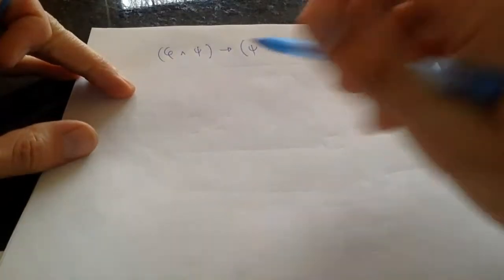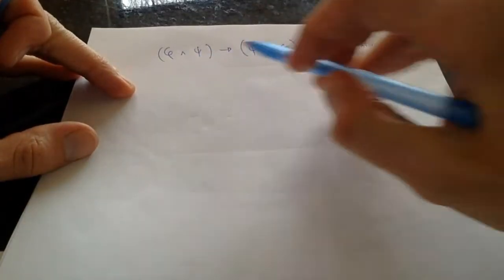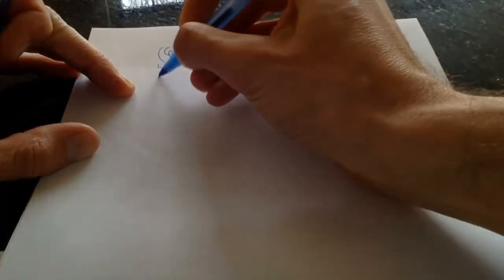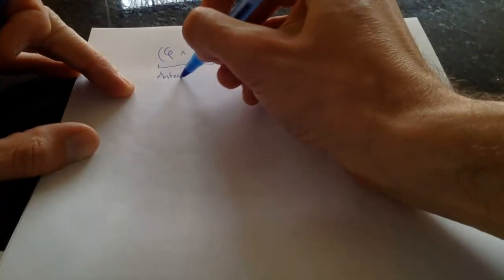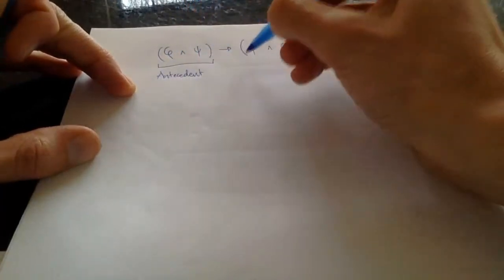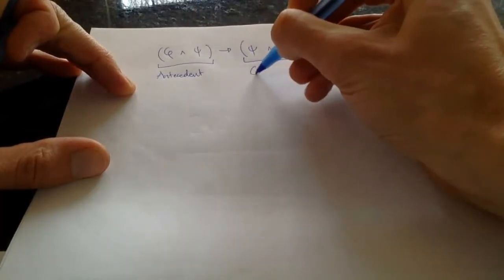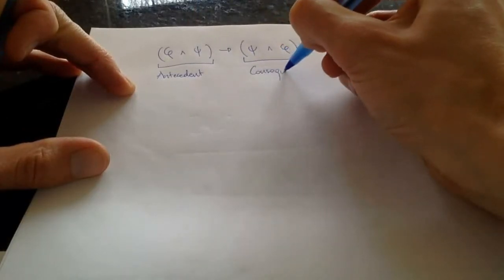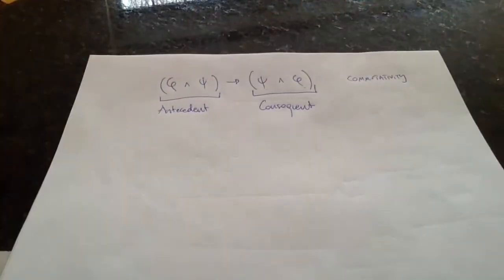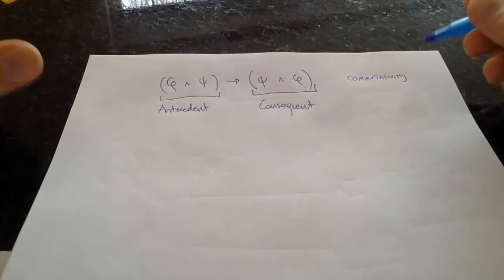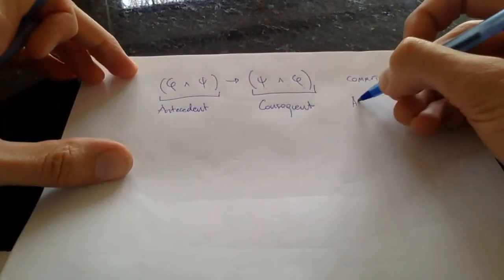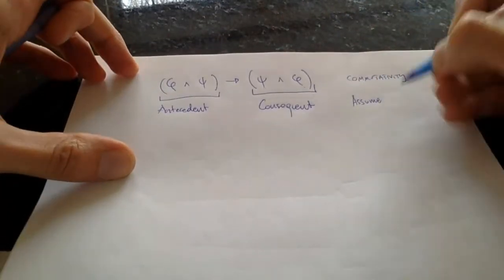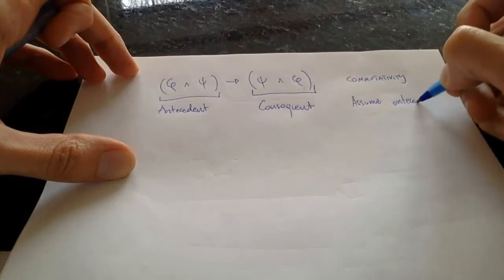It's always important to realize in these cases that we have an implication. So we have an antecedent here, and then we have a consequent. And in such cases, you always want to assume the antecedent.